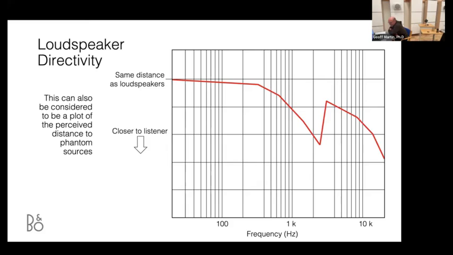And then when you get a little bit higher again, you get into the tweeter. And then the bottom end of the sibilance, let's say, if that happens to be where your crossover is, move back further away again. And so what's happening is that the perception of the distance to the phantom image is getting pulled apart in distance, where some frequency bands are as far away as the loudspeakers, and some frequency bands are closer than the loudspeakers.